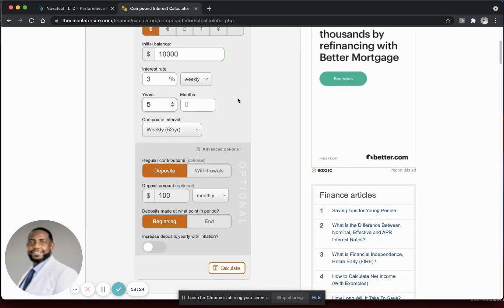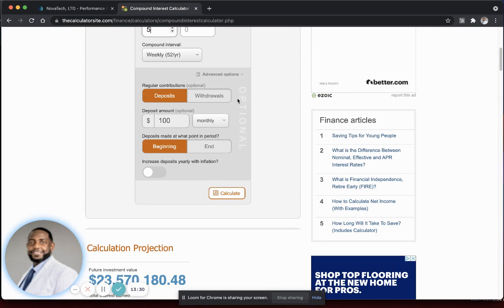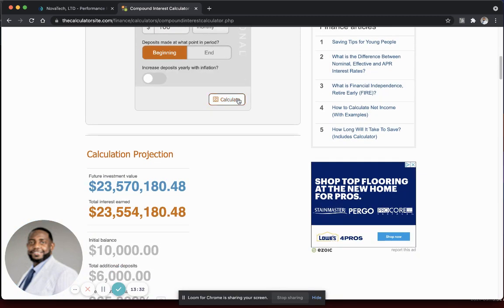You're going to do this for 5 years. You're going to compound every single week. You're only going to add an additional $100 per month. That's going to put you at $23,570,180.48. Like, guys, these numbers just make sense.